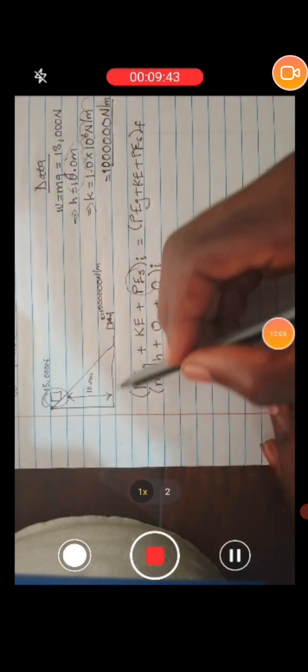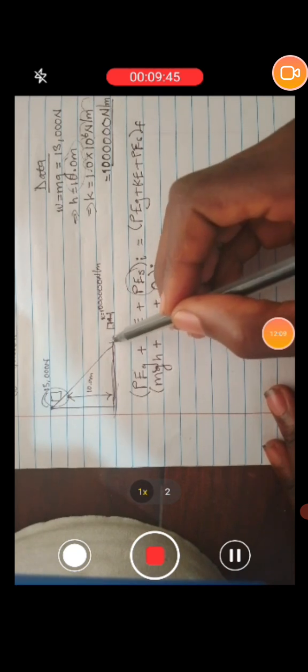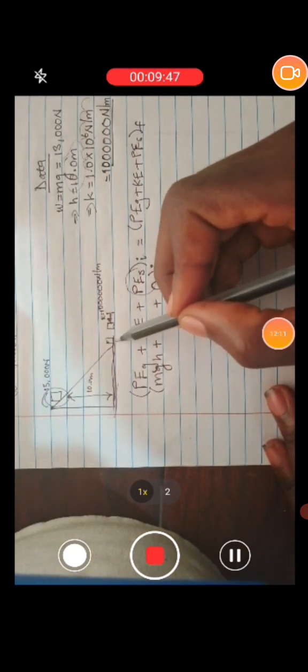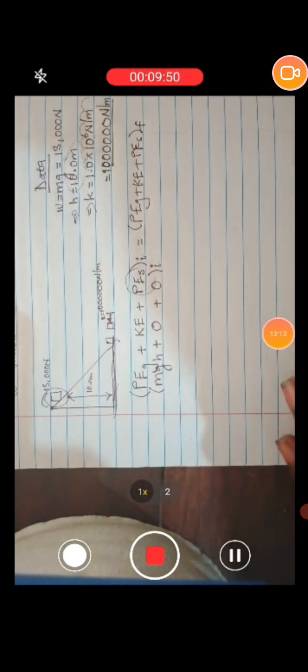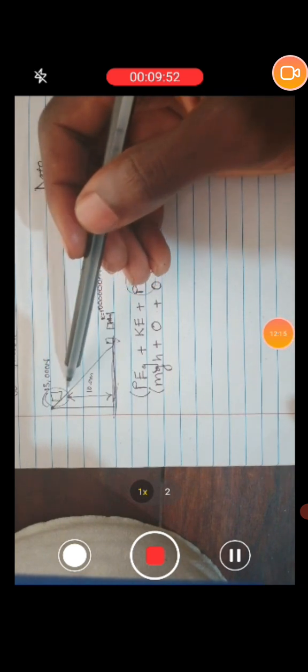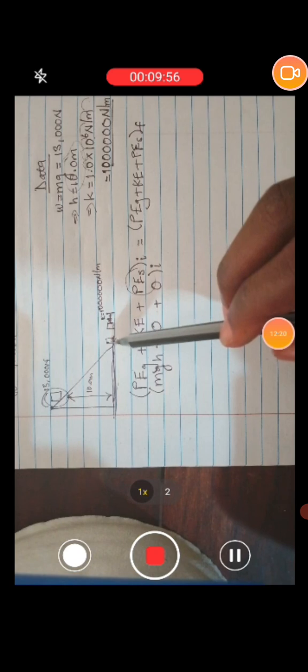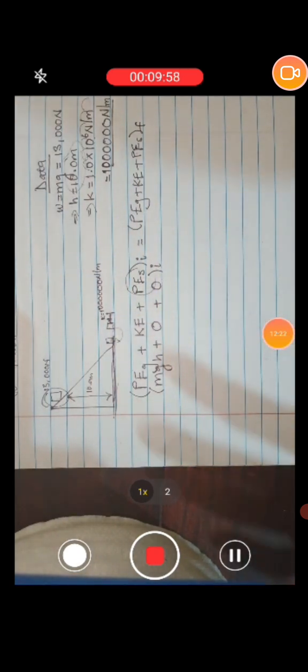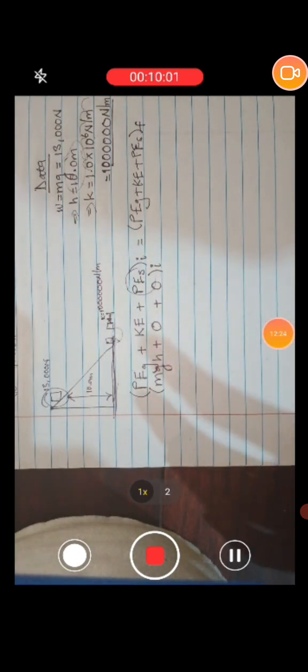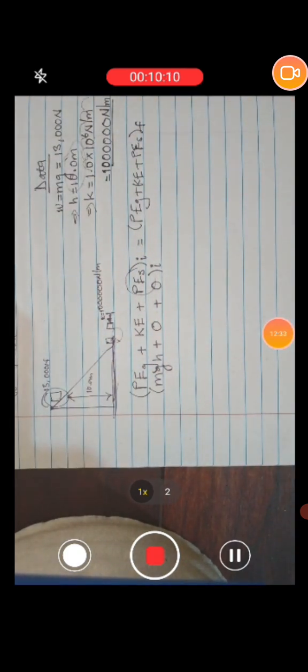Then, since this is ground level, when the car reaches here, we don't have any height. Also, as the car is rolling down, the height keeps reducing. So here, since we don't have any height, we also don't have gravitational potential energy, but we have the elastic potential energy, since the spring was now compressed maximally.